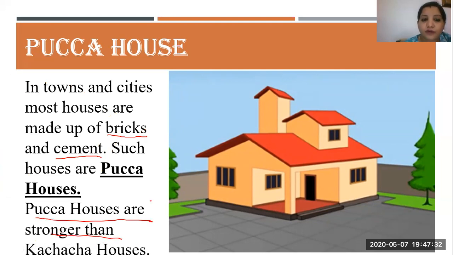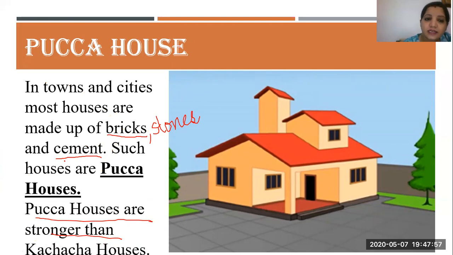I hope all of you got this much. Yes? So the pakka house is made up of what, children? Some people use stones to build pakka houses. So pakka house is made up of bricks, stones, and even cement. They don't use dry leaves, bamboos, or straw to build a pakka house.